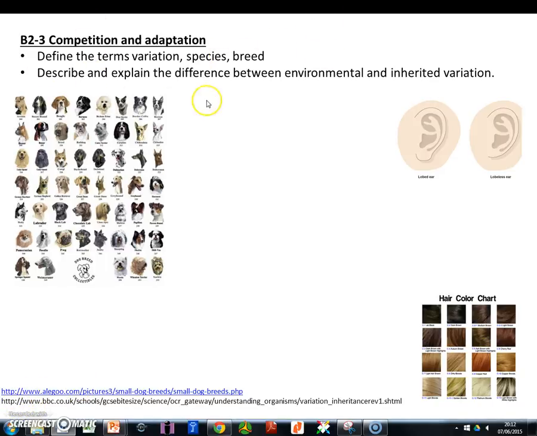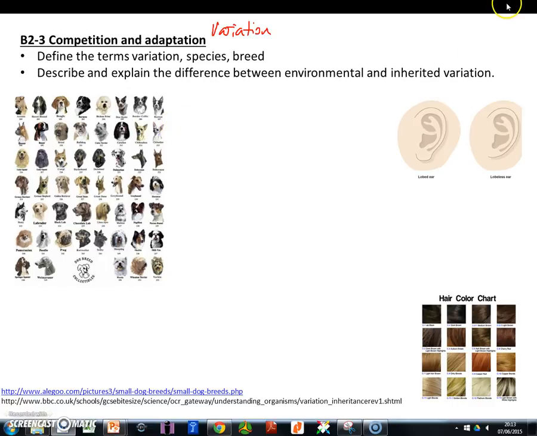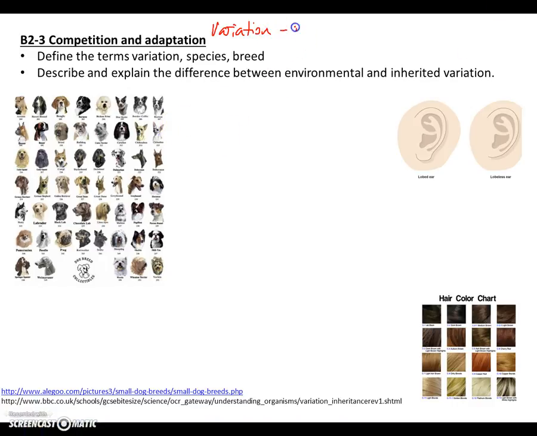So to define the terms variation, species and breed. So variation would just be differences in characteristics within a population.